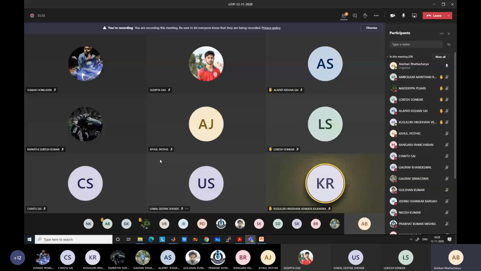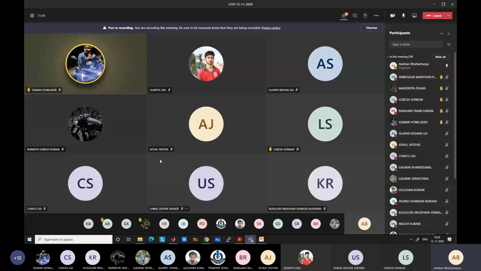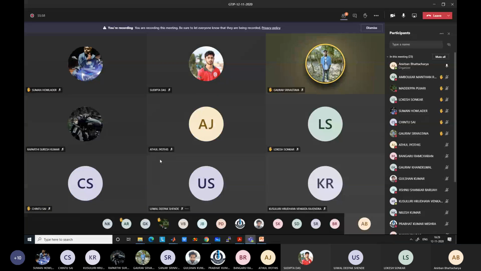Then Venkata Rajendra present. Atul Jyotish present. Ramcharan present. Suman is then Ashwini Kumar. Where is Ashwini Kumar? I cannot see. Ashwini is absent.